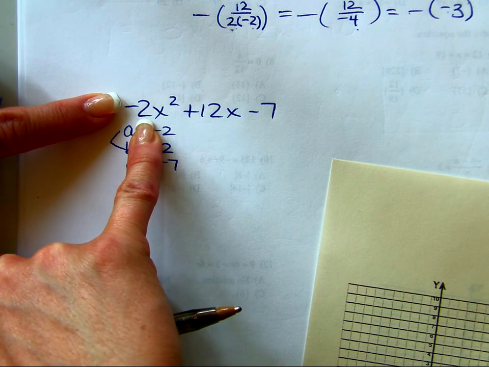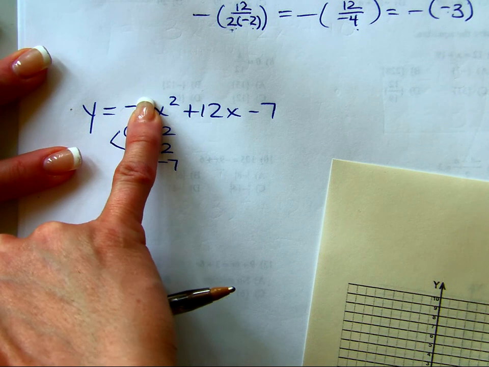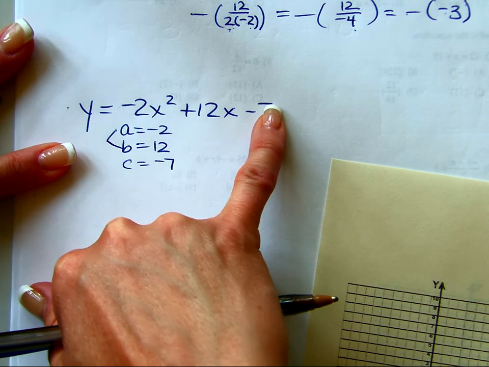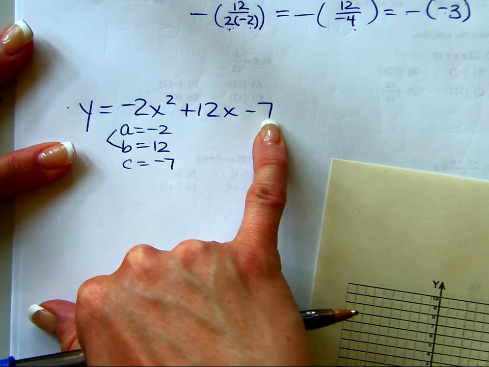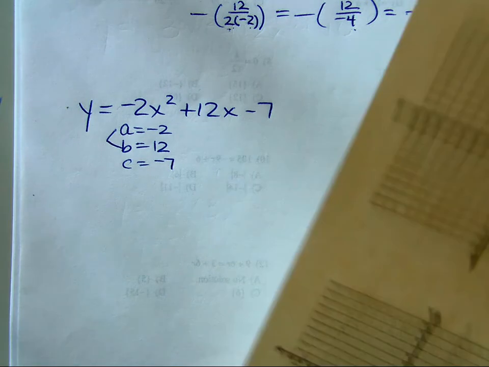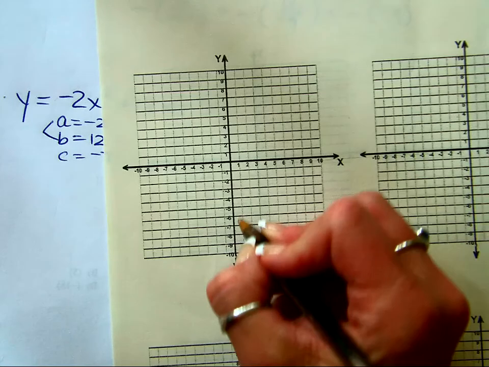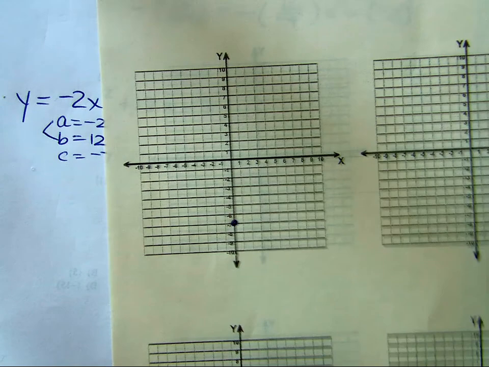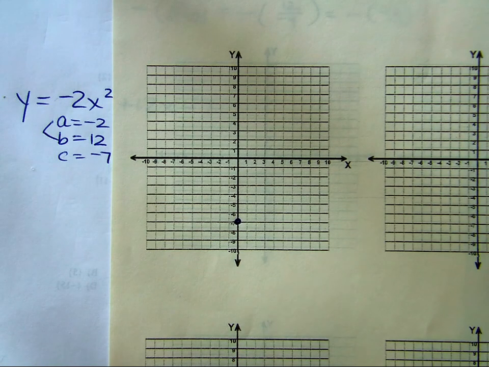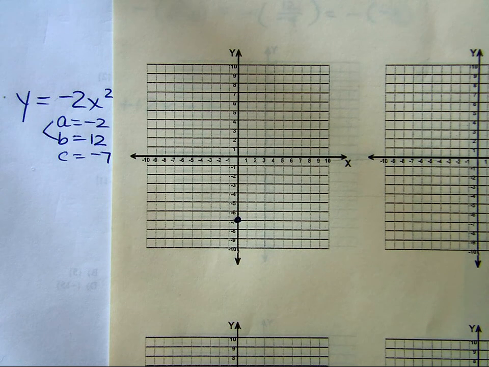It's going to narrow, because if it was standard, there wouldn't be anything there. What's the y-intercept? Is that still the y-intercept? Yes. So let's do what we know so far. I know the y-intercept is -7.